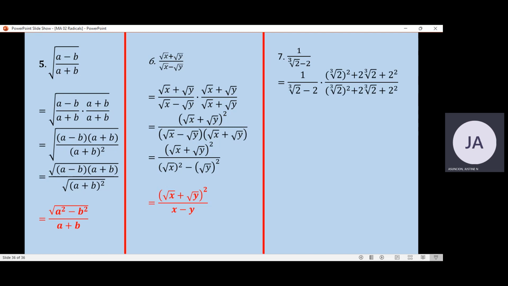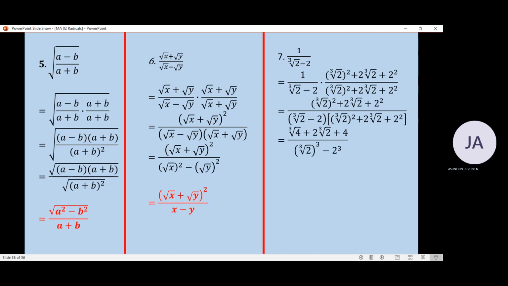So we multiply both numerator and denominator by the cube root of 2 squared plus 2 times the cube root of 2 plus 2 squared. Again, you need to recall the form of the difference of two cubes. To simplify this, multiply the numerator and then multiply also the denominator. As you observe, our denominator is simply a difference of two cubes.